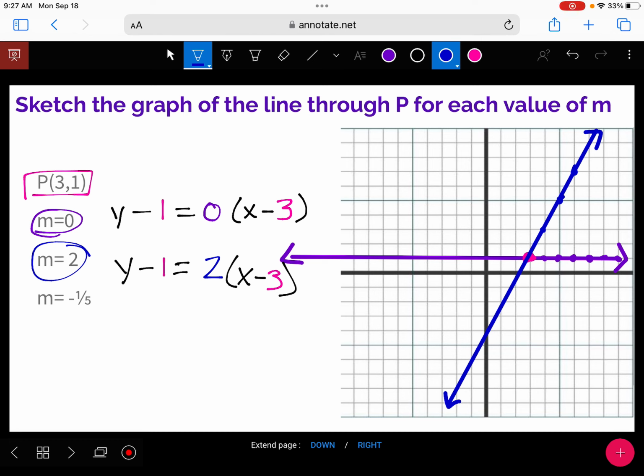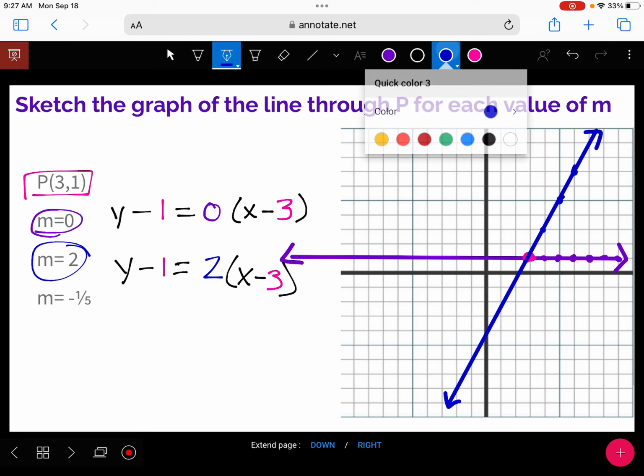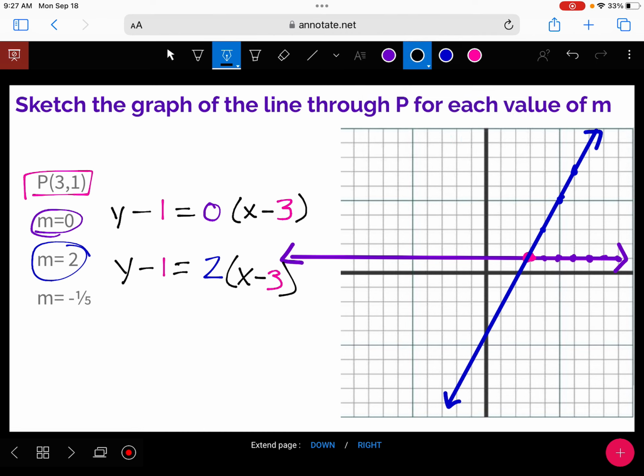One more like this, where I'm going to take that same point: y minus the y value from the point, 1, equals our slope, which I'm going to use green, of -1/5, times (x minus 3).